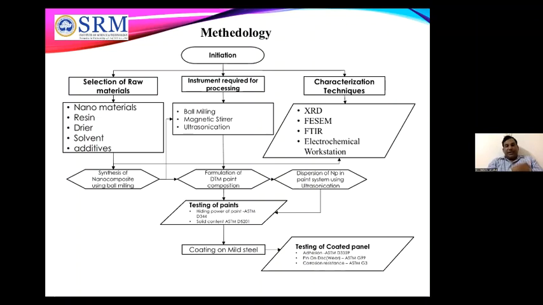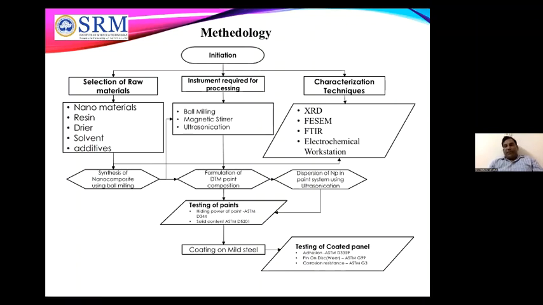We also want to know the best time for ball milling, which gives the better surface energy for nanoparticles. Without adding any further stabilizer, the system will be sustained, so whatever nanoparticles we have added in the base paint system will stay for a longer duration.